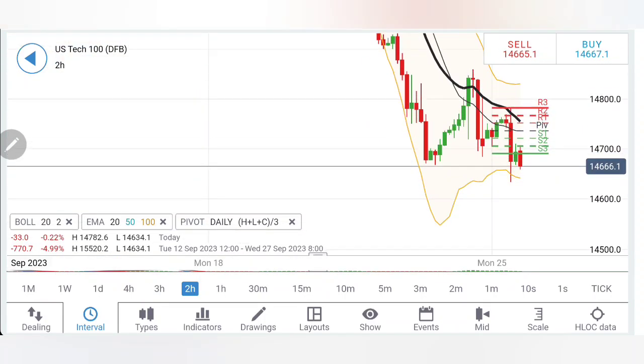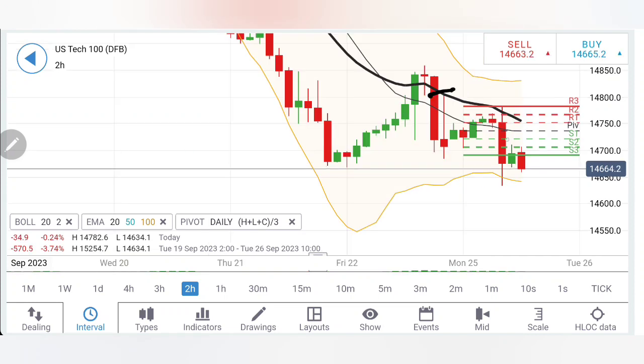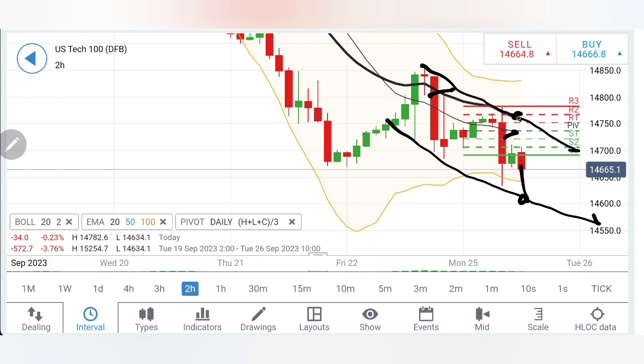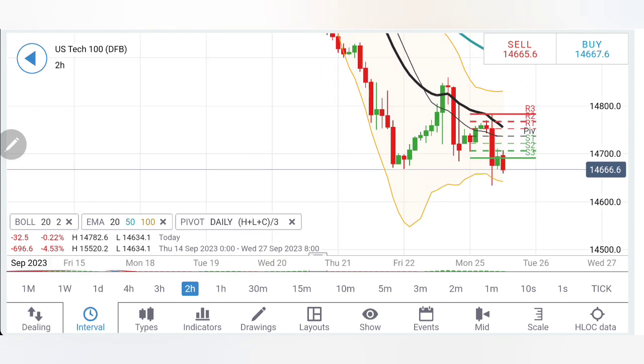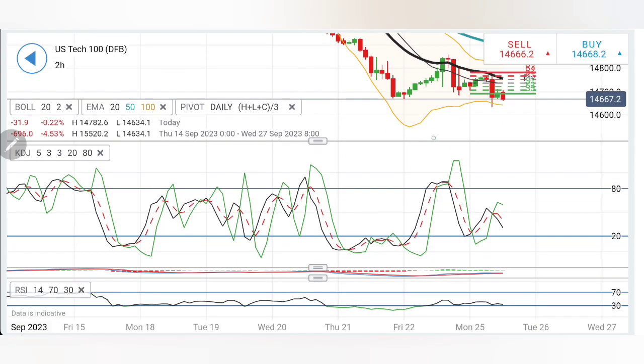Coming to 2-hour charts. Now observe these two candles here. See, bearishness getting diminished. Yes, it is trading in this bearish channel. Support there on the downside towards 14,600. Resistance on 14,760. This is the zone where one needs to focus upon, and it is going to be a maximum swing zone here.